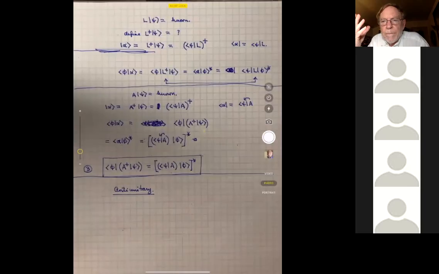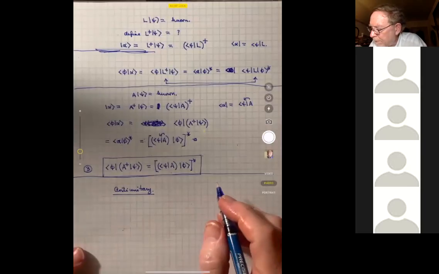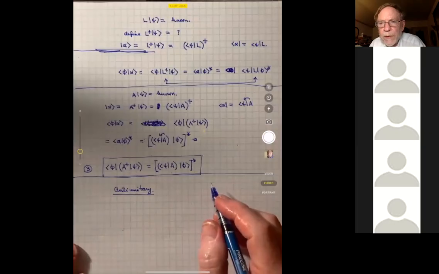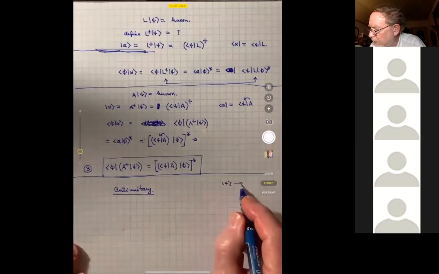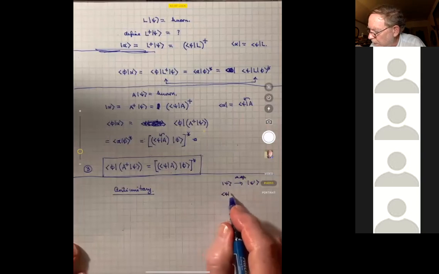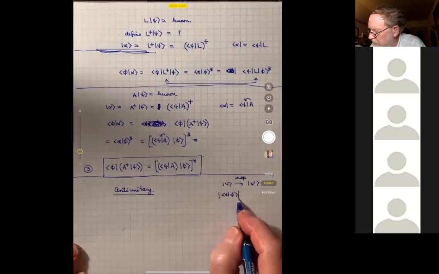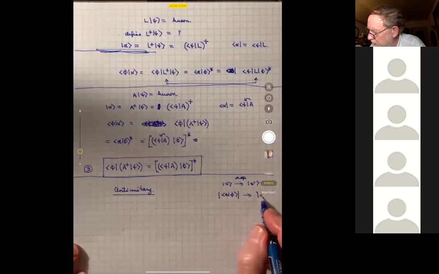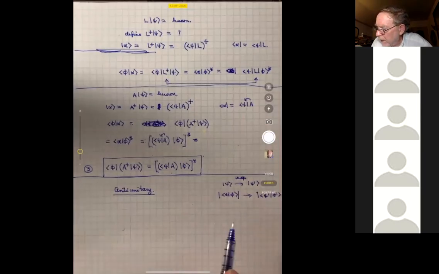Wigner showed that if you have a mapping of the state space onto itself that takes state vectors psi into prime versions of themselves, and if you wish the absolute value of the scalar products of state vectors to be preserved under this transformation, that is, psi prime with phi prime, for all vectors psi and phi, then he proved that the operation must be either a linear unitary operation or else an antilinear unitary operation. It's the famous Wigner symmetry theorem.